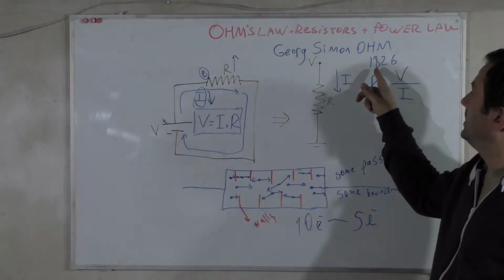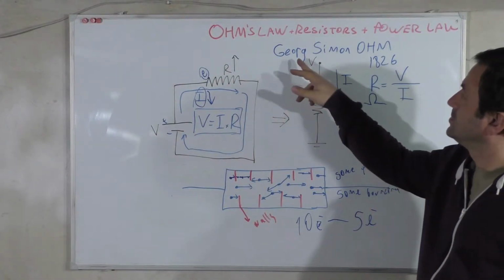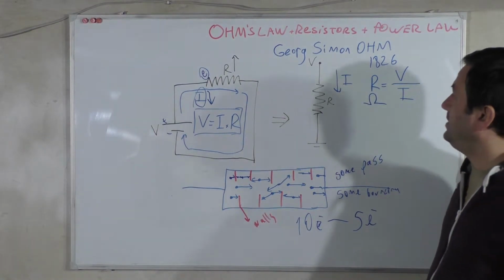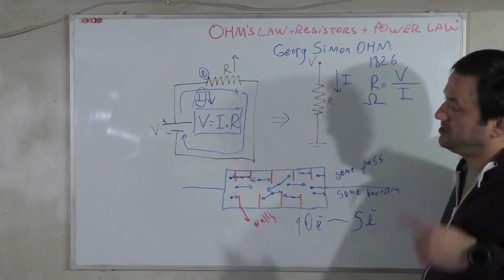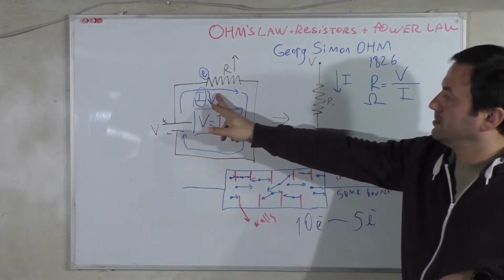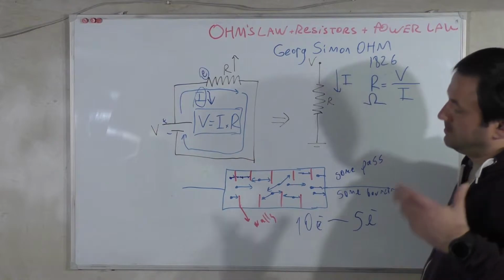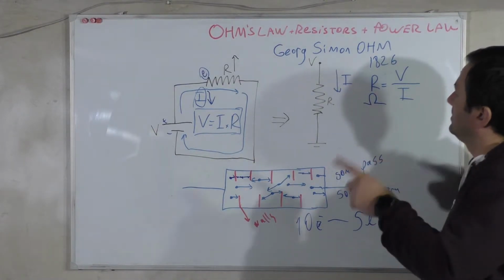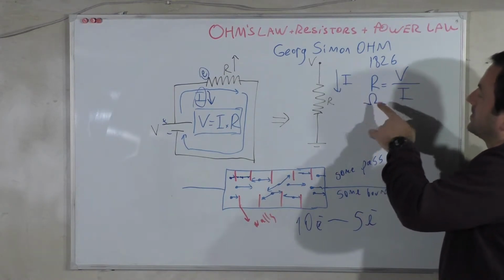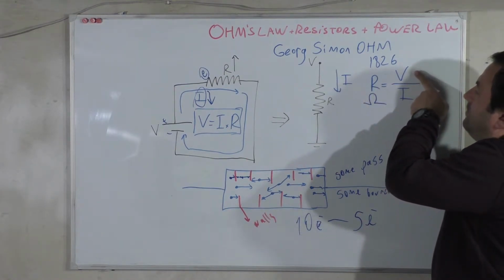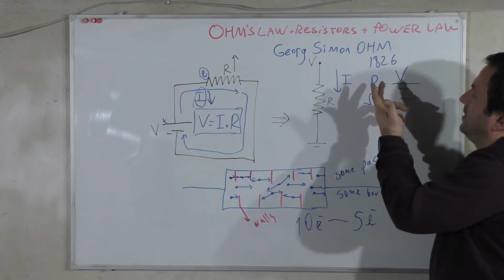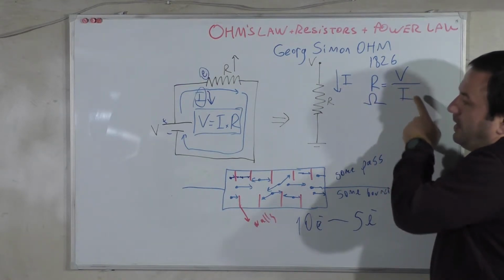So in 1826, Georg Simon Ohm defined that there is a relationship between voltage and current, and he defined a ratio. He defined resistance as the ratio between voltage and ampere: voltage divided by ampere.